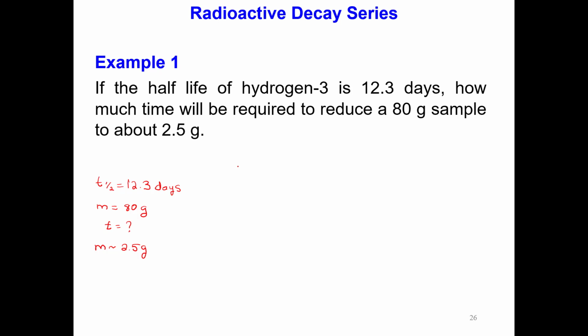Then we will start with 80 grams. And then after 12.3 days, the sample will be reduced in half. Then it will be at 40 grams. After another 12.3 days, this sample will be reduced in half. Then we will have 20 grams. After 12.3 days, this sample reduced in half will be 10 grams.